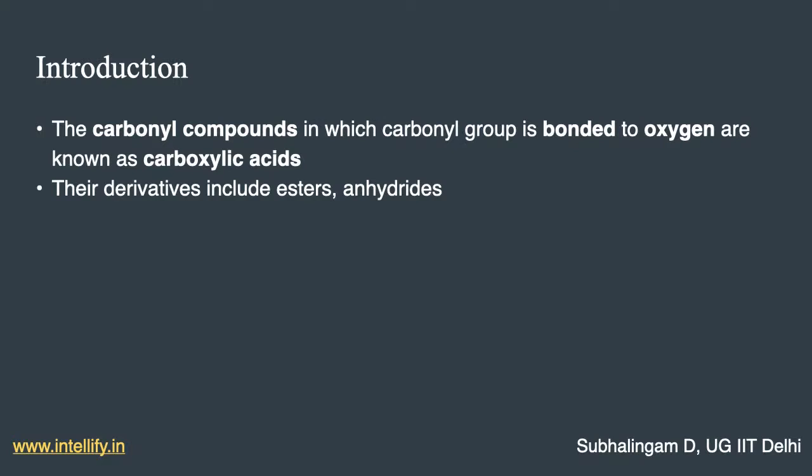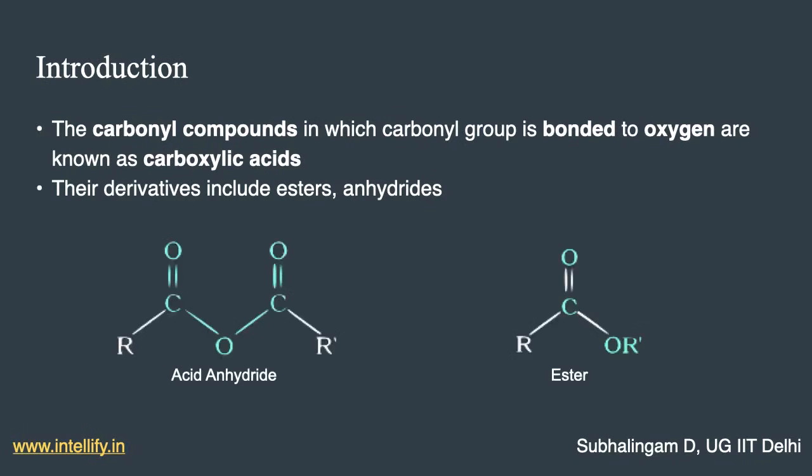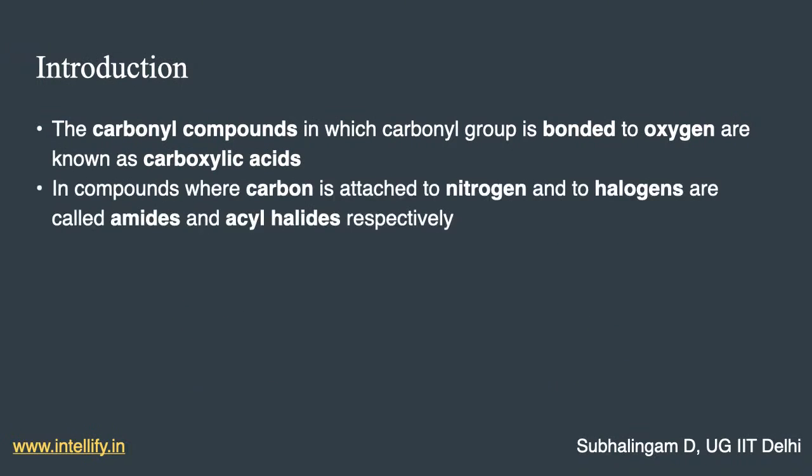Their derivatives include esters and anhydrides. The one on my left is an anhydride, RCOOCOR', and the one on my right is an ester, RCOOR'. Compounds where carbon is attached to nitrogen are called amides, and where the carbon is attached to a halogen we call them acyl halides.